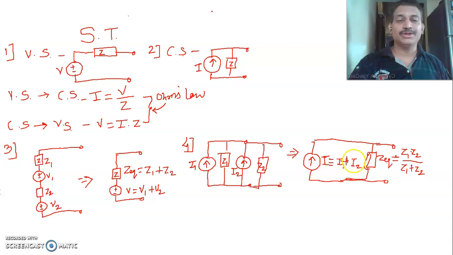Then Z1 and Z2 are parallel connected, so from the parallel impedance rule, Z equivalent is equal to Z1 Z2 upon Z1 plus Z2. So these are the four rules to understand, and they give an idea about the voltage source, current source, their transformation and their series and parallel connections.